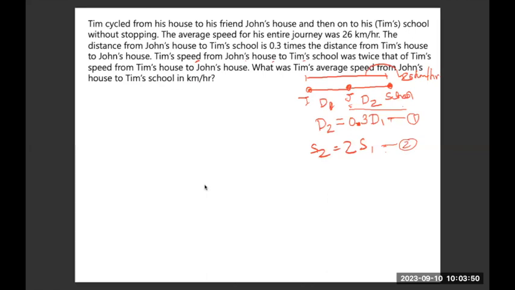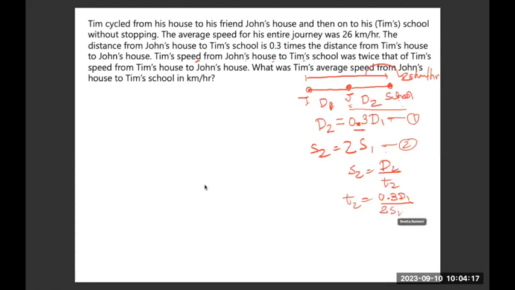So based on that, S2, which is speed between John's house and Tim's school, will be D2 upon T2. So T2 will be equal to D2's value, which from equation 1 is 0.3 D1, upon S2 will come at the bottom, and S2's value is 2 S1.